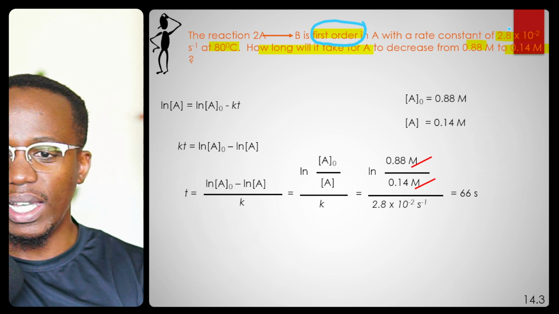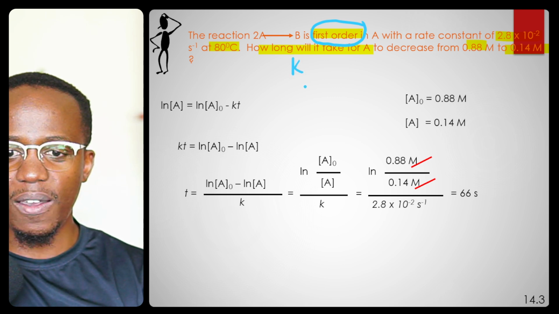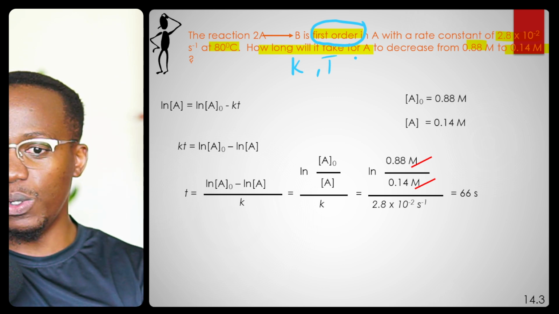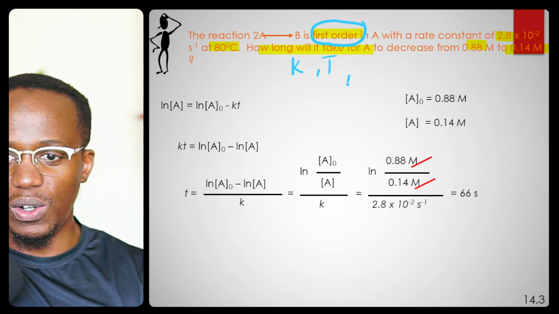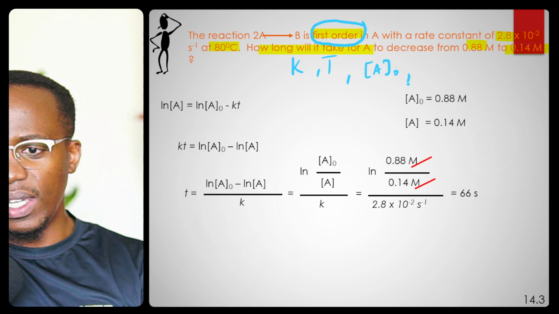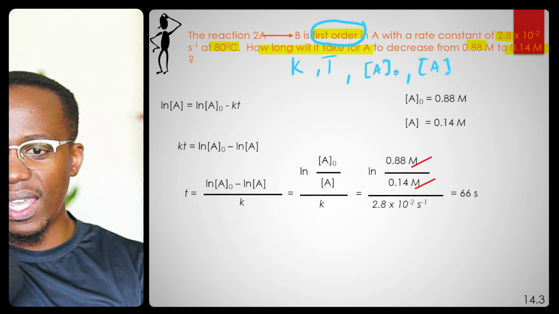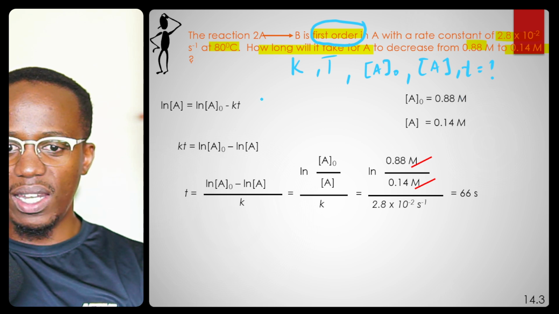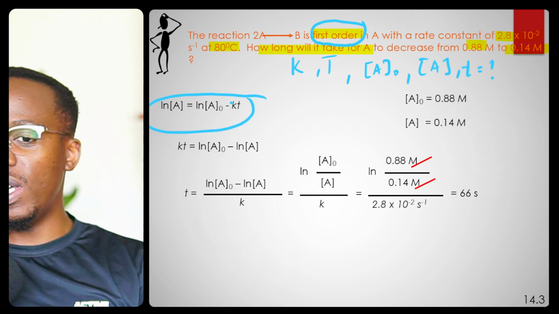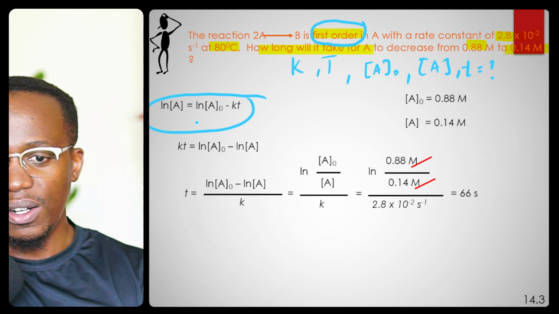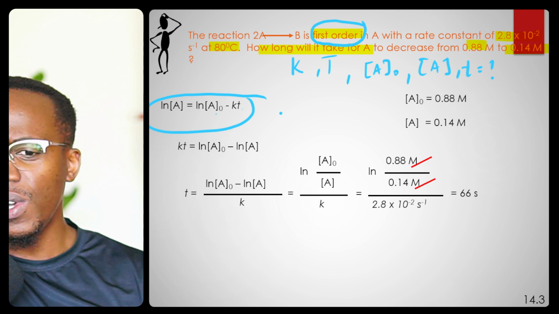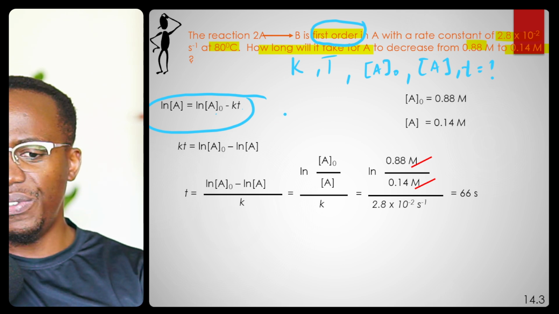But look, they gave us the rate constant, K. They give us the temperature, which we probably won't need, but they also give us the initial concentration, A0. They give us the final concentration, which is A, and then they're asking for time. So you already have the formula for the first order that links initial concentration, final concentration, and time. It's a matter of just plugging numbers in and then figuring it out.